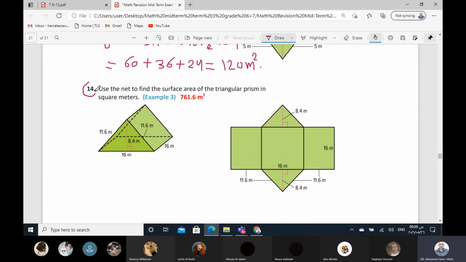Number 14, use the net to find the surface area of the triangular prism in square meters. We have this net. I want all of you to try to find the surface area and tell me what your answer is. Start, please.